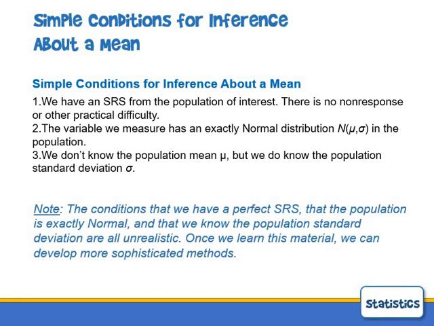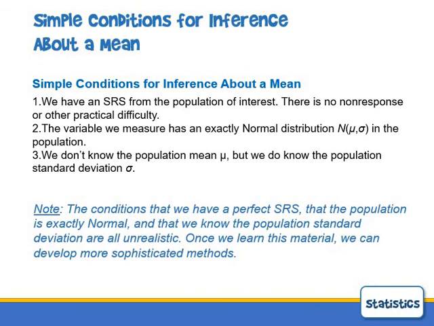Okay? We're also assuming that the variable we measure has an exactly normal distribution with mu and sigma as the mean and the standard deviation. We do, however, have the central limit theorem going for us, that x bar would have mean mu and standard deviation sigma over square root of n and be approximately normal, which helps us when we do the sample means in particular.